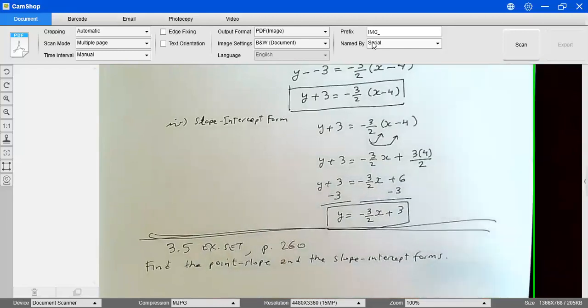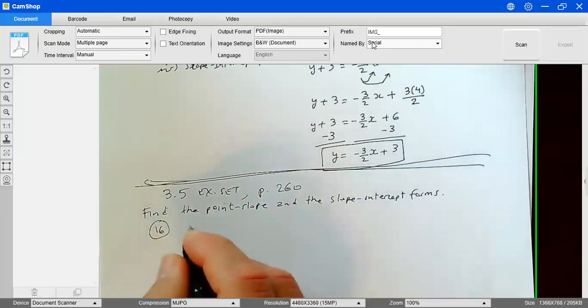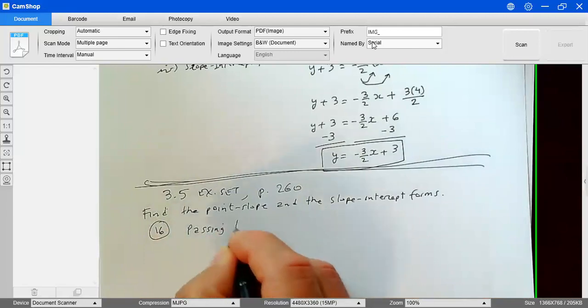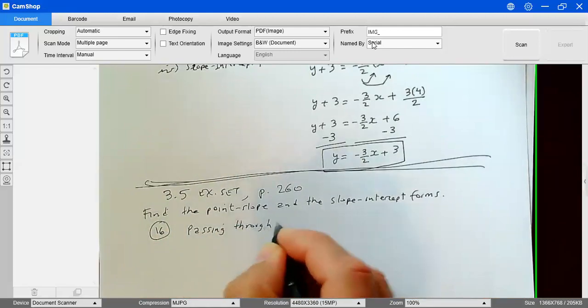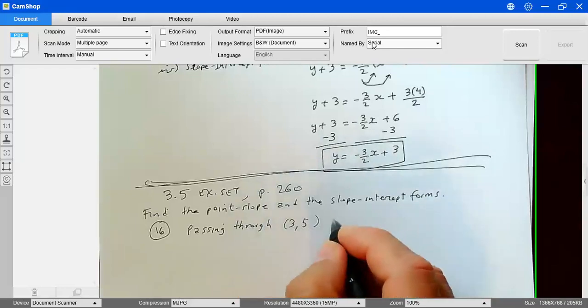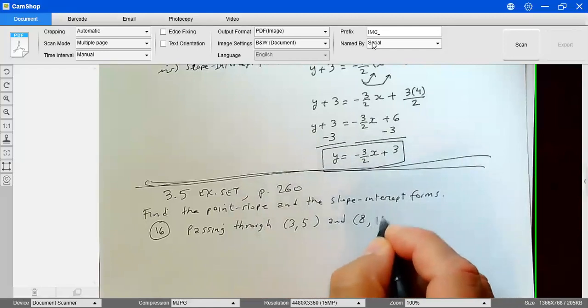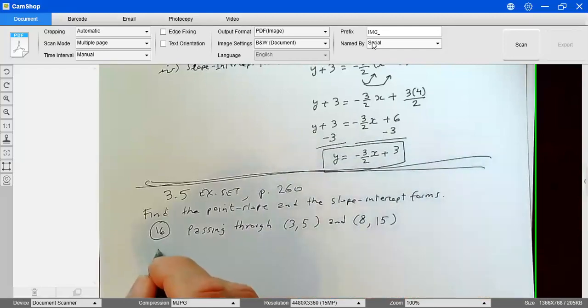So the problems that you're going to solve are problem 16. So it's a line passing through 3,5 and 8,15.